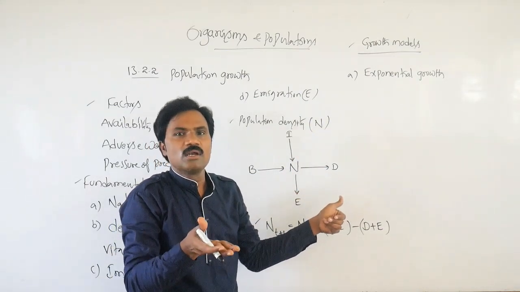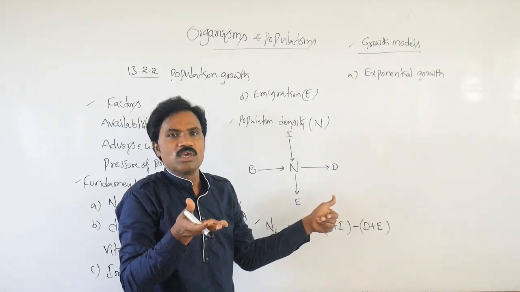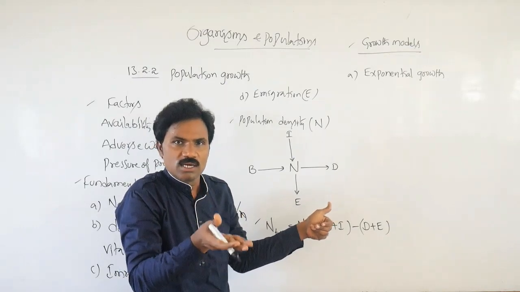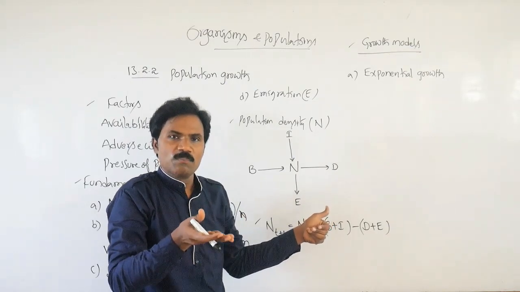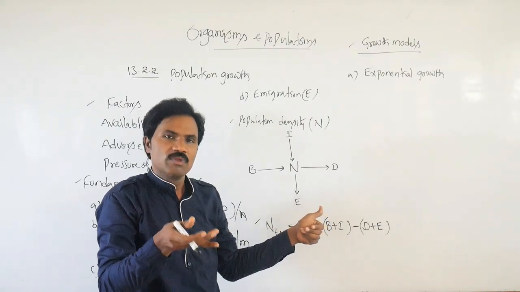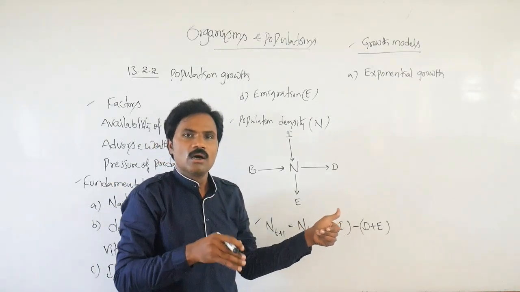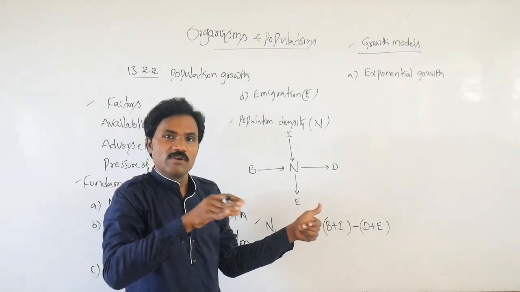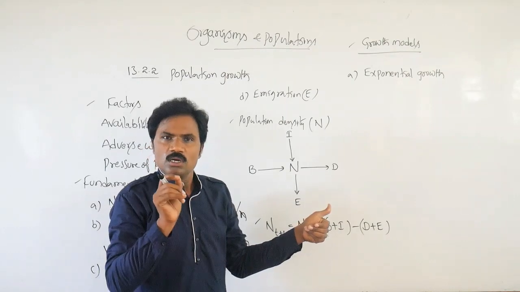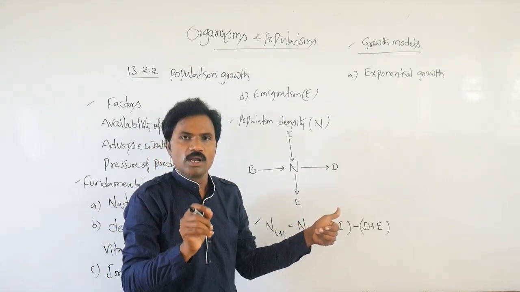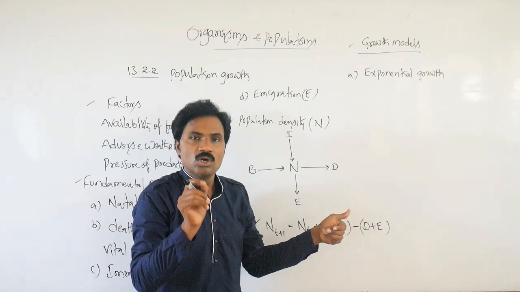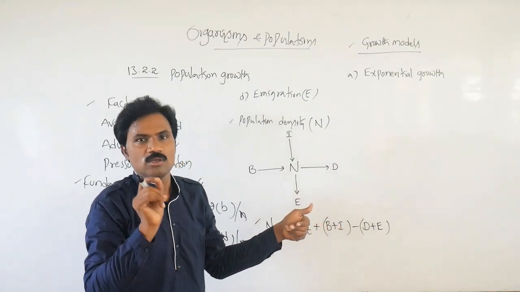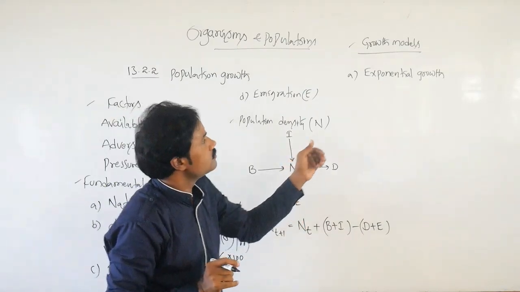These are temporary, for the sake of food, mating, shelter or any other resources. After they fulfill their needs, again they leave the given population. That's why the true growth rate is indicated only by birth rate and death rate. That is the original growth rate.